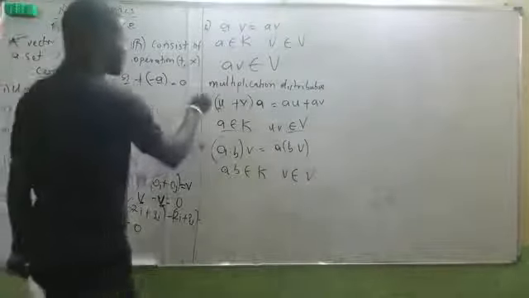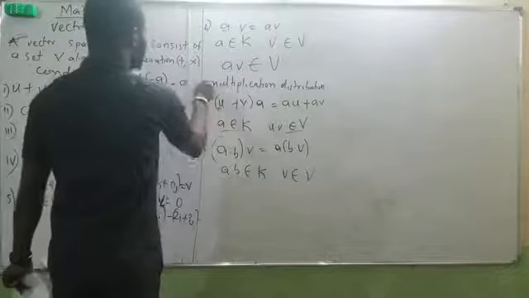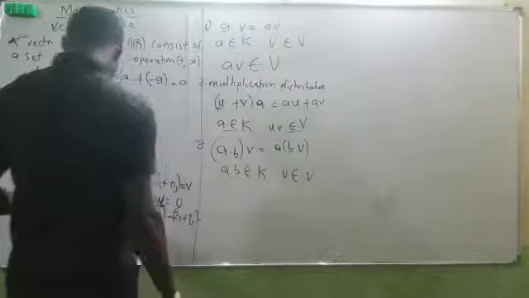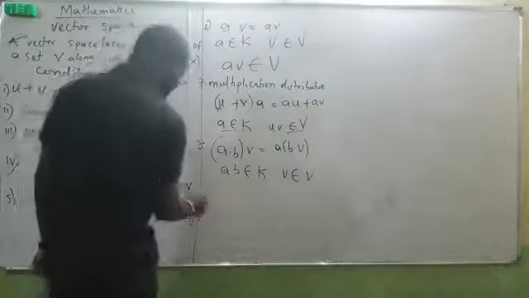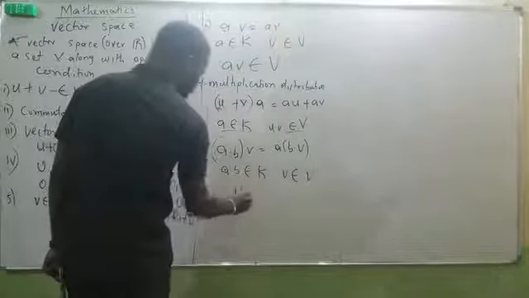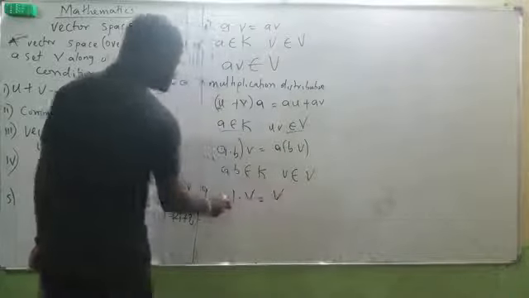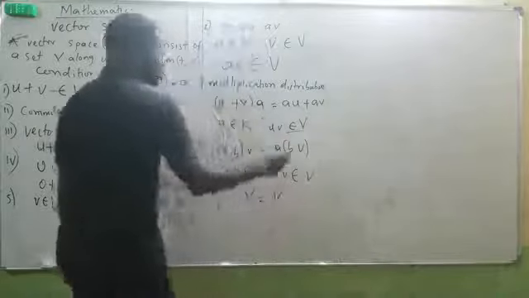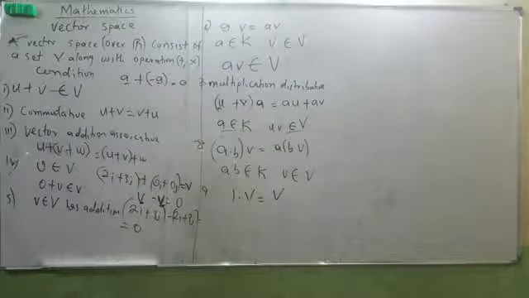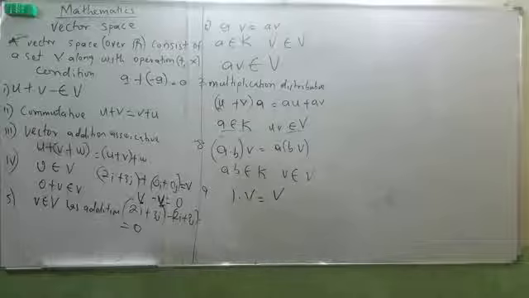I'm just trying to explain that this is going to be 7, this is going to be 8, and the last part of it, we have 9, where 1 times v is equal to v. It means 1 multiplied by a vector also gives the same vector, if v belongs to V. That is what you need to know about that. I think by now you should understand what is called vector space.